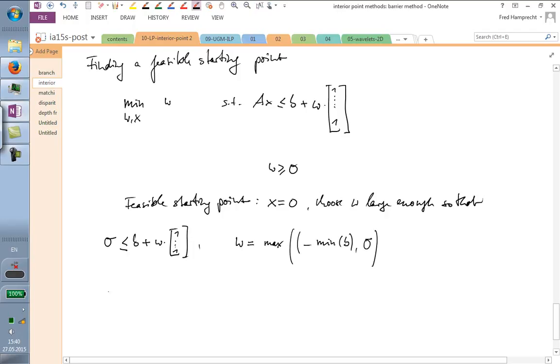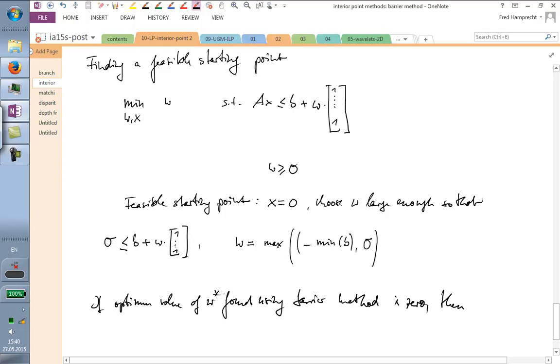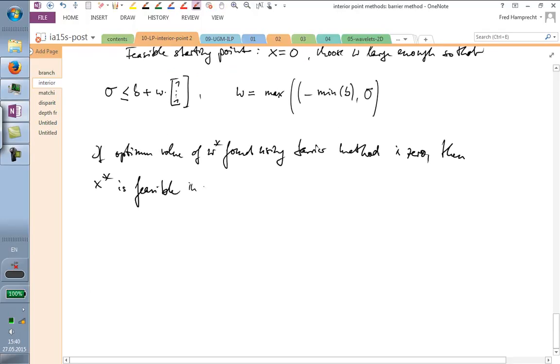And if the optimum value of w that is now found using the barrier method is 0, then the x that we found at the same time, x star, is feasible in the original problem.